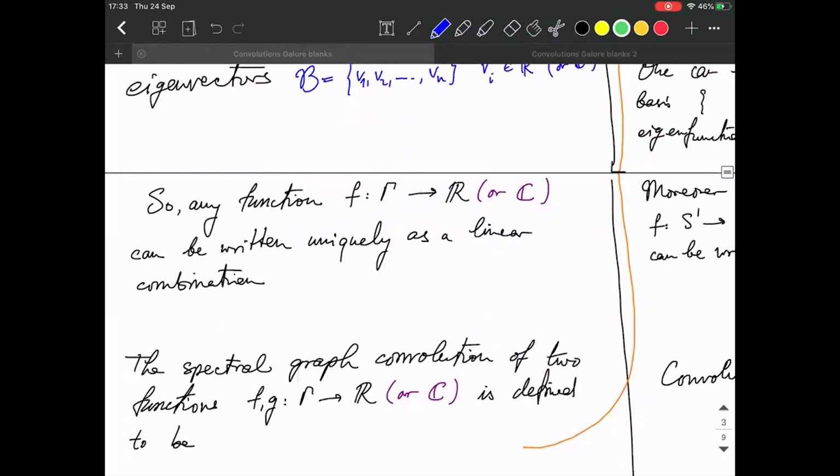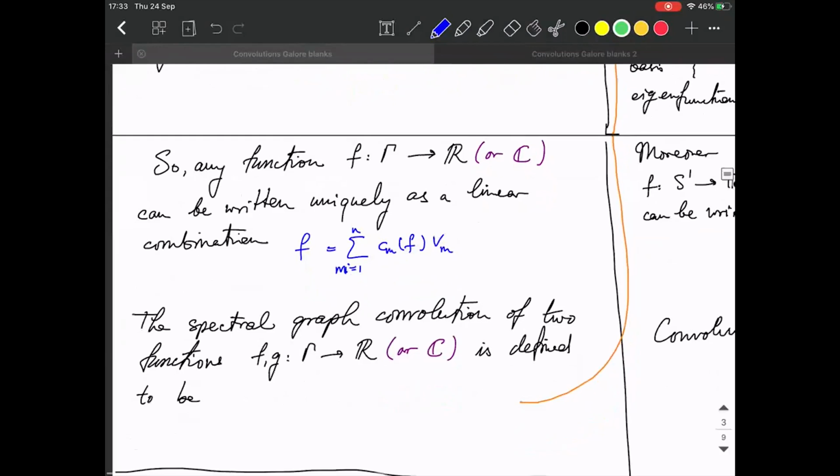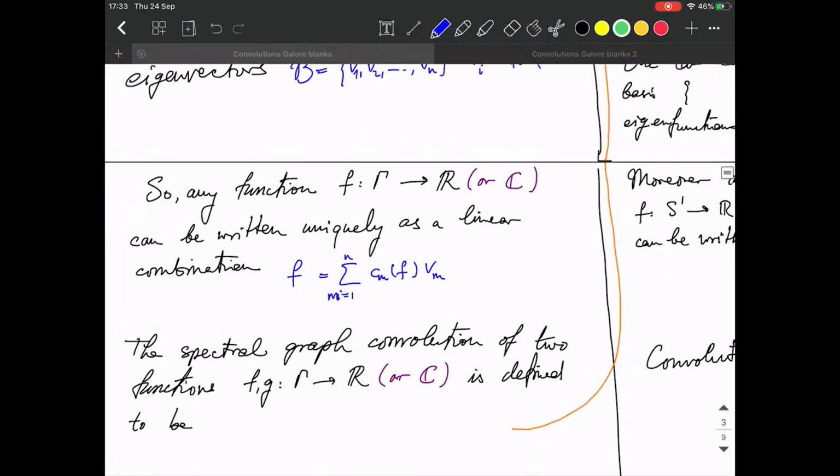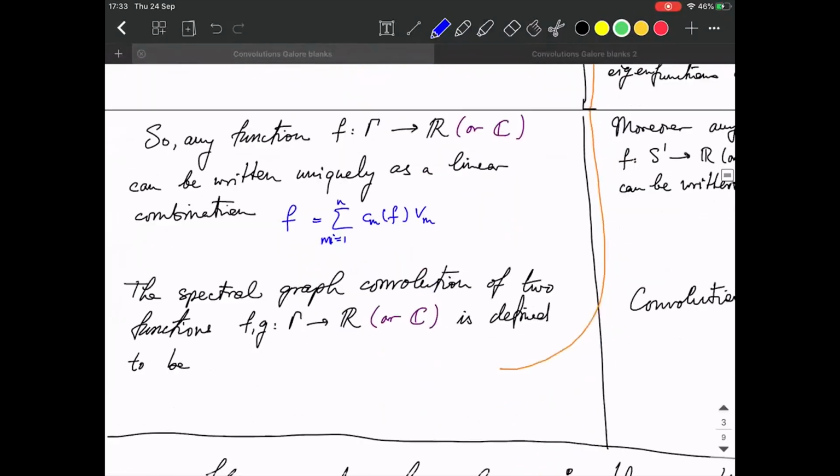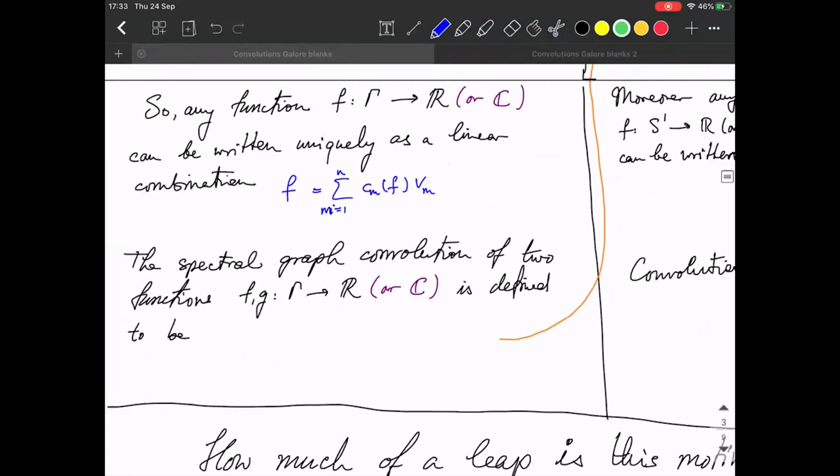And so any function can be written as a linear combination of these V_i's, sum from 1 to n, and I'll denote the coefficient in front of the mth eigenvector by C_m of f. With that information in mind, we can now define the spectral graph convolution of two functions.